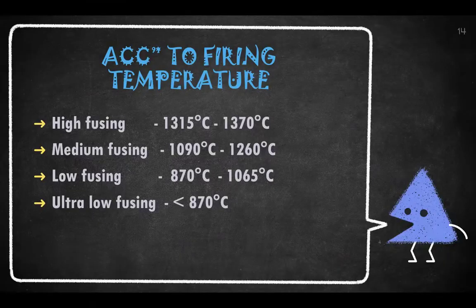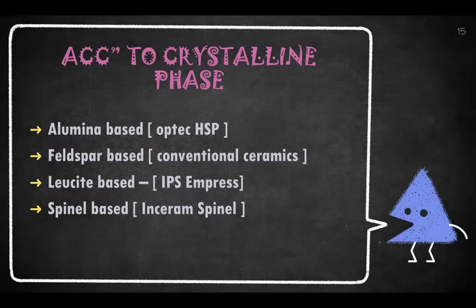According to firing temperature, it can be high fusing, medium fusing, low fusing, or ultra-low fusing. Based on crystalline content, it can be classified as aluminous porcelain, feldspar based porcelain, leucite rich porcelain, and spinel based porcelain.